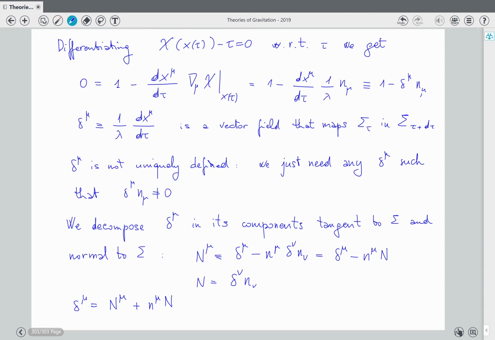This is tangent because it's orthogonal to the orthogonal. It's obtained by projecting. That's equal to h delta nu mu.